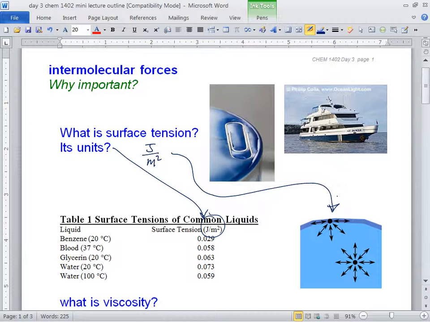Enrique, what's going on? Why would different solvents have different surface tensions? Different? Okay, they have different masses. That will be in one of the answers, yes.